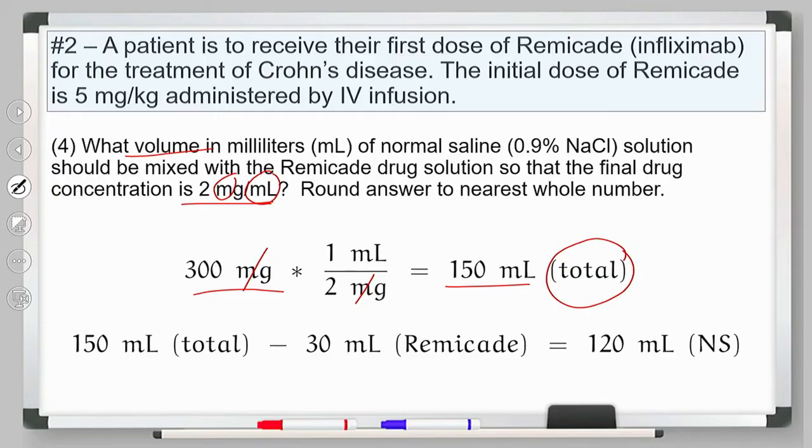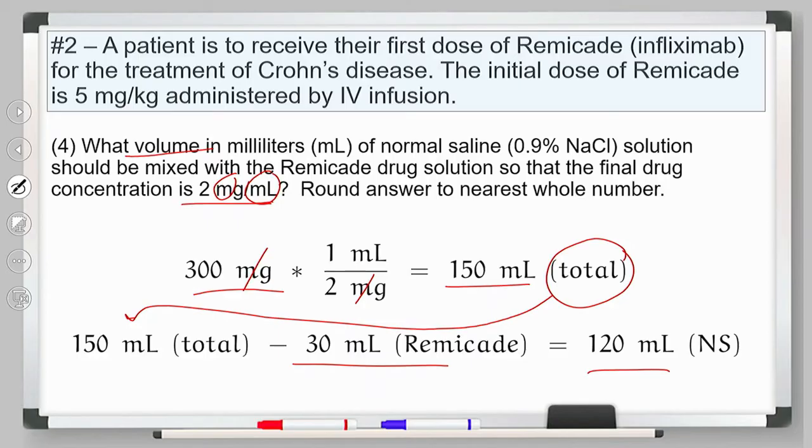So the question says, how much sodium chloride am I using? The normal saline is my diluent. So the total will be the combination of my drug plus my diluent. So if I take my total and subtract my drug, what's left is the diluent. So 150 total minus the 30 milliliters we calculated of the drug means I would need to add 120 milliliters of my diluent.